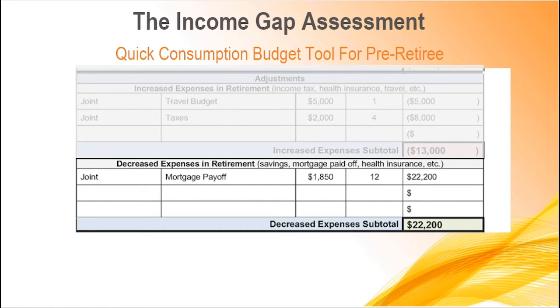In this case, this client had just one simple adjustment. They were going to pay off the mortgage. That was going to be $1,850 of mortgage expense 12 times a year. So in this case, they're going to have a decreased expense of $22,200. And again, that's like a debit in this situation. It's in the green shaded area of the income gap assessment tool.